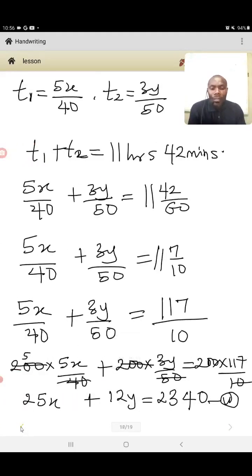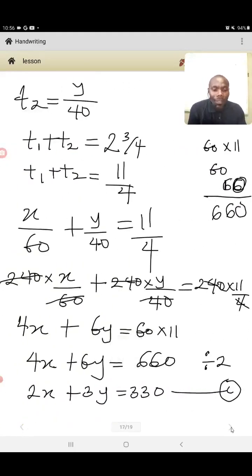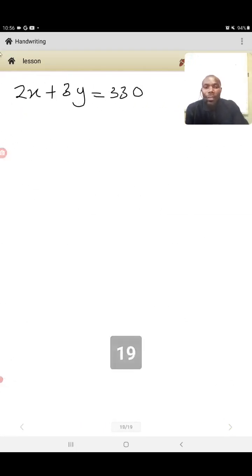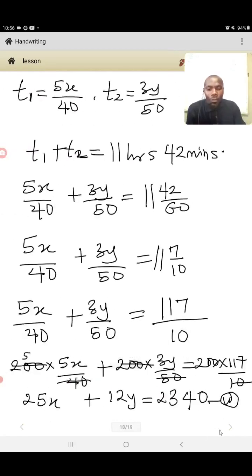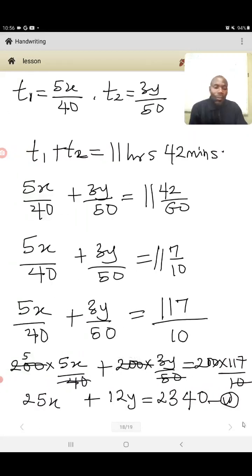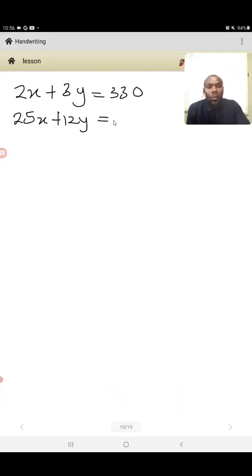The second equation is 25x plus 12y is equal to 2340.